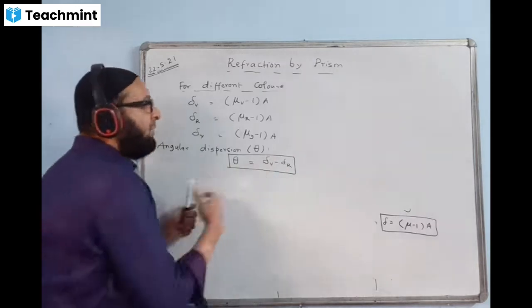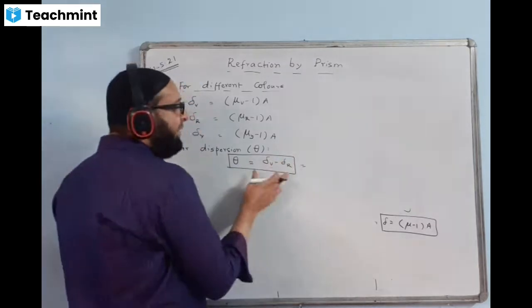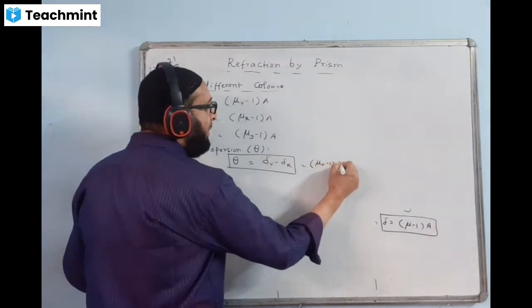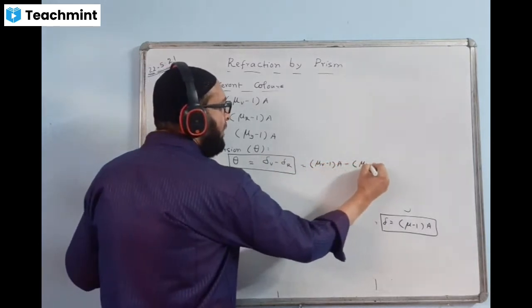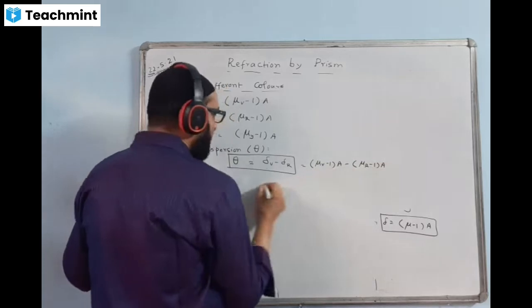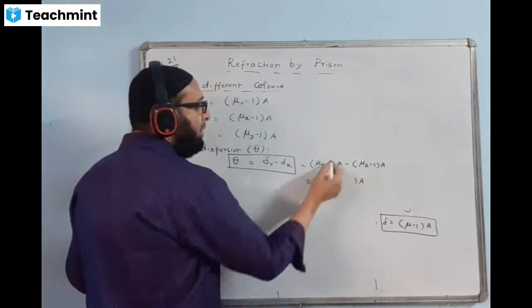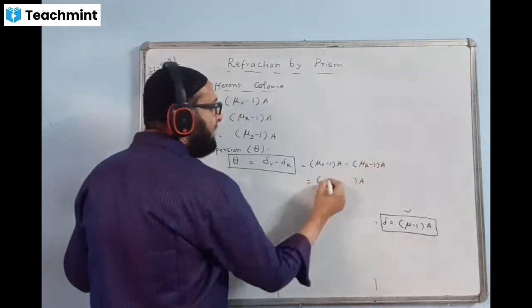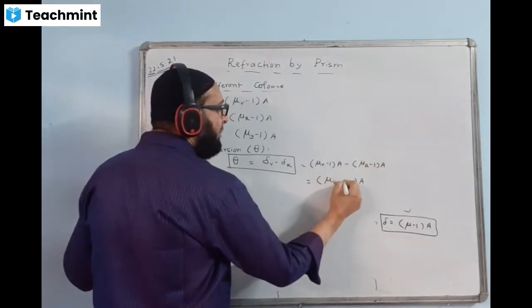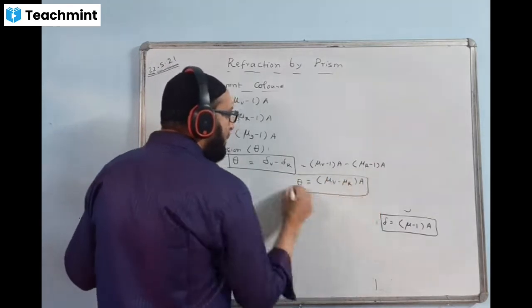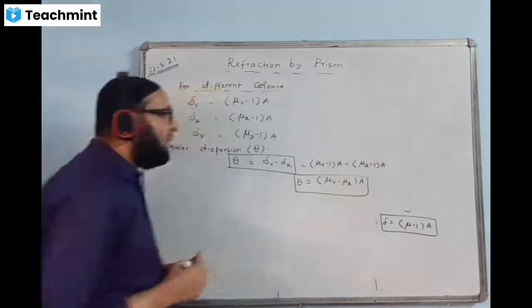Though this one we can express in terms of refractive index, because delta V value is what? Mu V minus 1 into A minus mu R minus 1 into A. Let us go a little further. A I'll take common. Minus 1 plus 1 will cancel. The answer left over will be mu V minus mu R into A. So this is also an equation for theta.